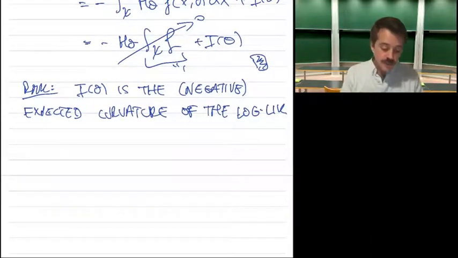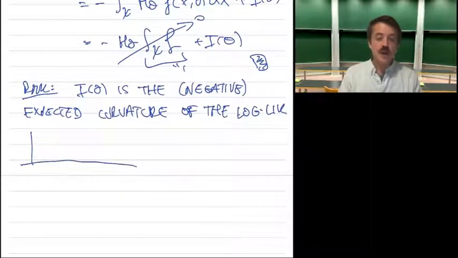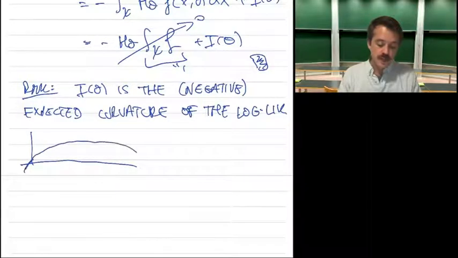So let's imagine that we have a function, that looks, so rather than having the log likelihood, let me draw the L. So let's imagine that now we have some L that looks something like this. So let's assume that the maximum is here, theta naught. This is L, okay?